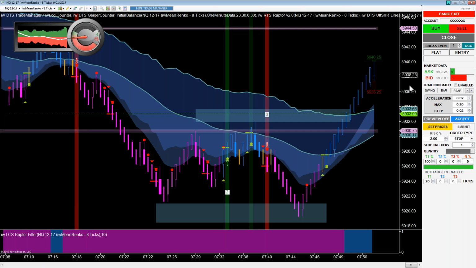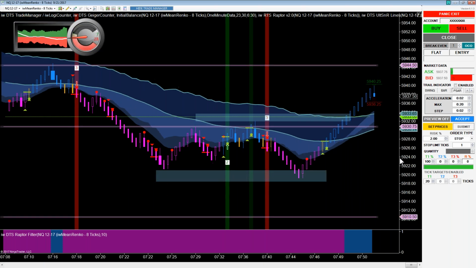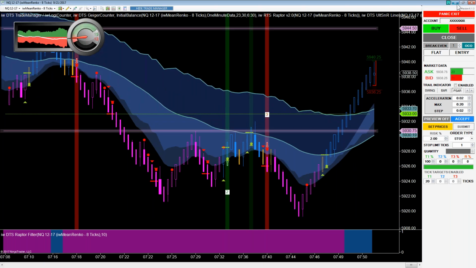So if at all possible, keep your stops as far back as you can manage. Because, of course, it's not a loss if it doesn't get hit. If you're able to keep your stop out of harm's way, then you should be all right.